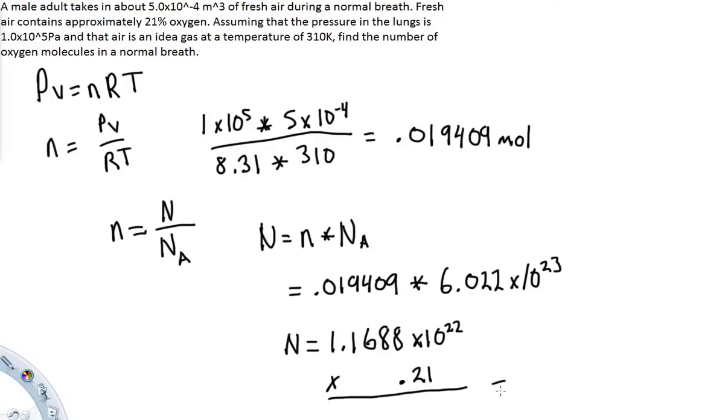And what we will get is 2.45 times 10 to the 21 oxygen particles.